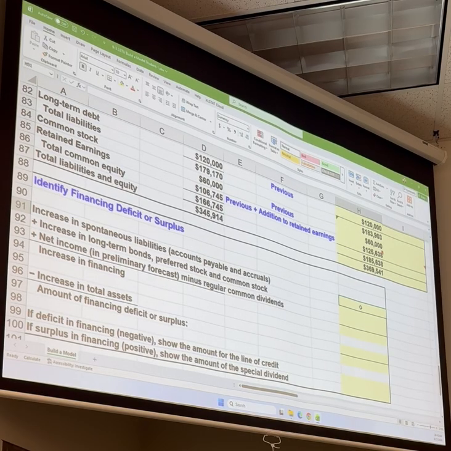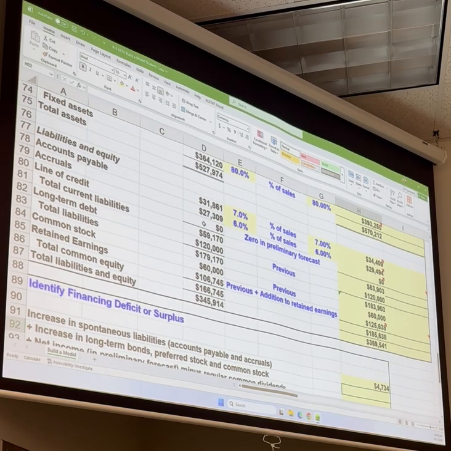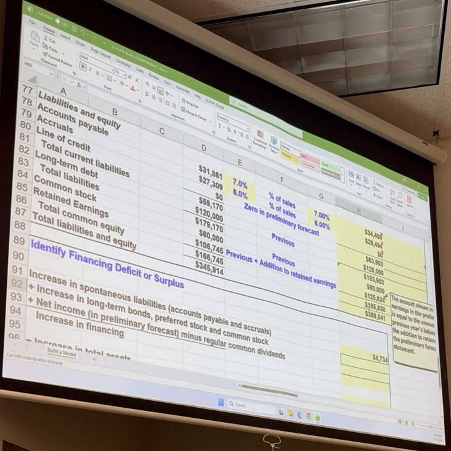Equals our increase in accounts payable, which is the new level minus the old level. Then we're going to add the increase in our accruals. Does that look right? Yeah, looks about right.